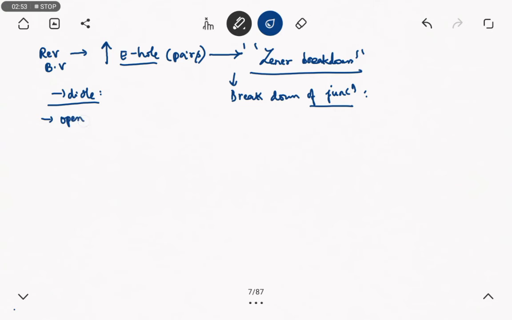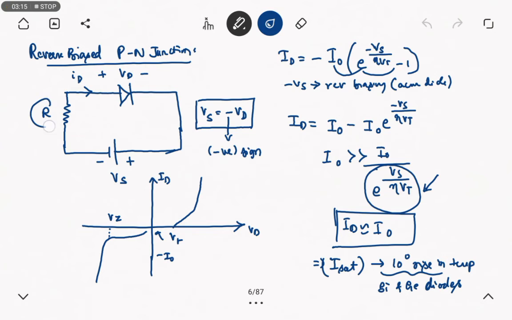It acts as an open circuit in reverse bias condition. It acts as a closed circuit in forward bias condition. And the resistance of the diode, which I explained, will be in terms of mega ohms.